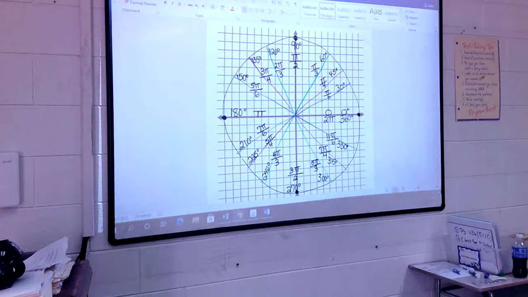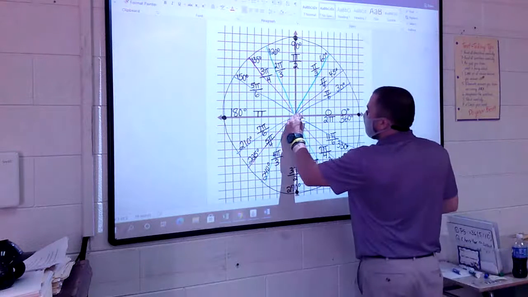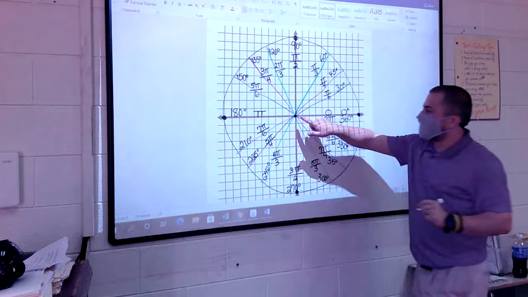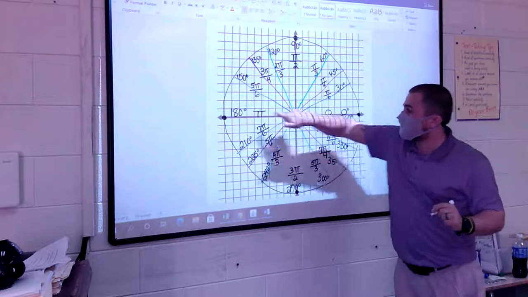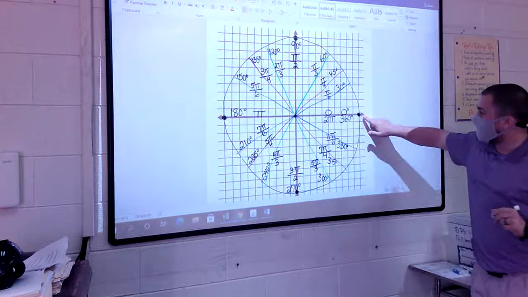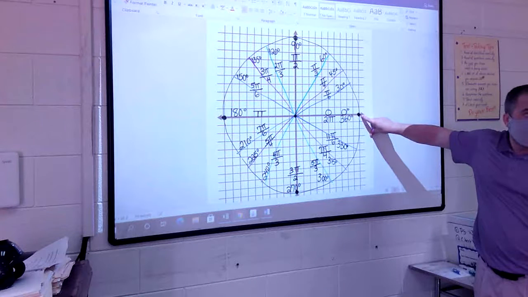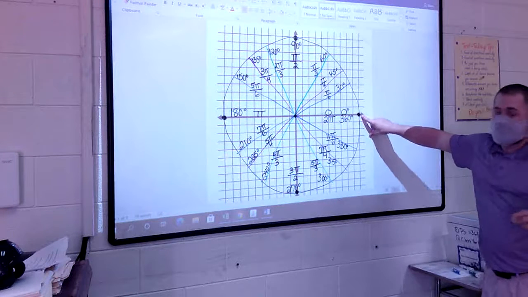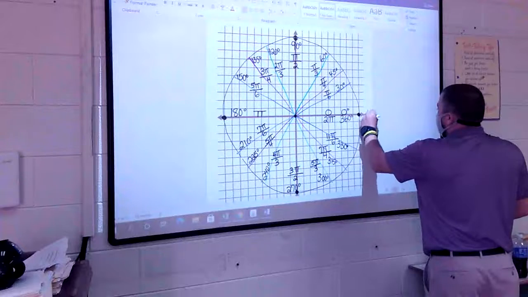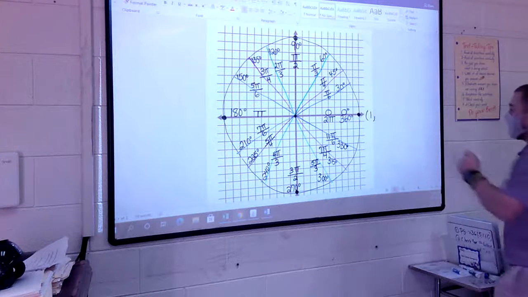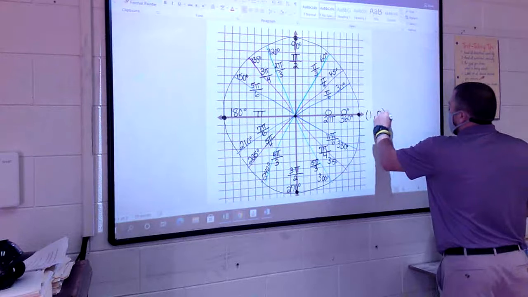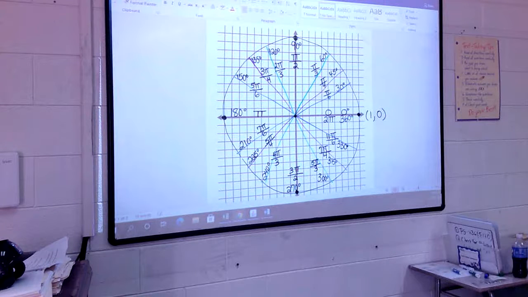The radius is 1, meaning the distance from the center to any point on the circle is 1. So over here, this point is, the x value would be 1, and the y value up and down would be 0. Okay?